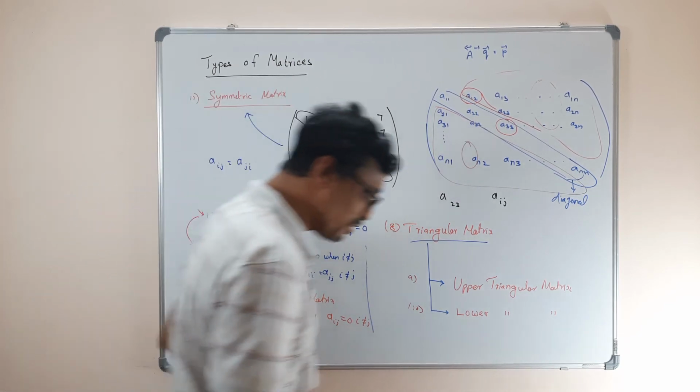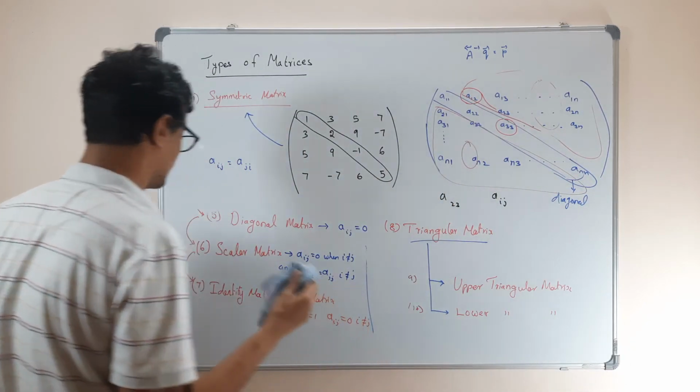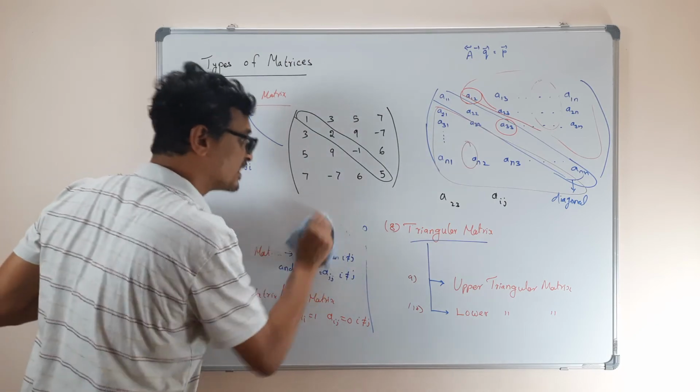And then they have one more matrix, what they call the skew symmetric matrix. The skew symmetric matrix is simple. With this definition, we will stop.